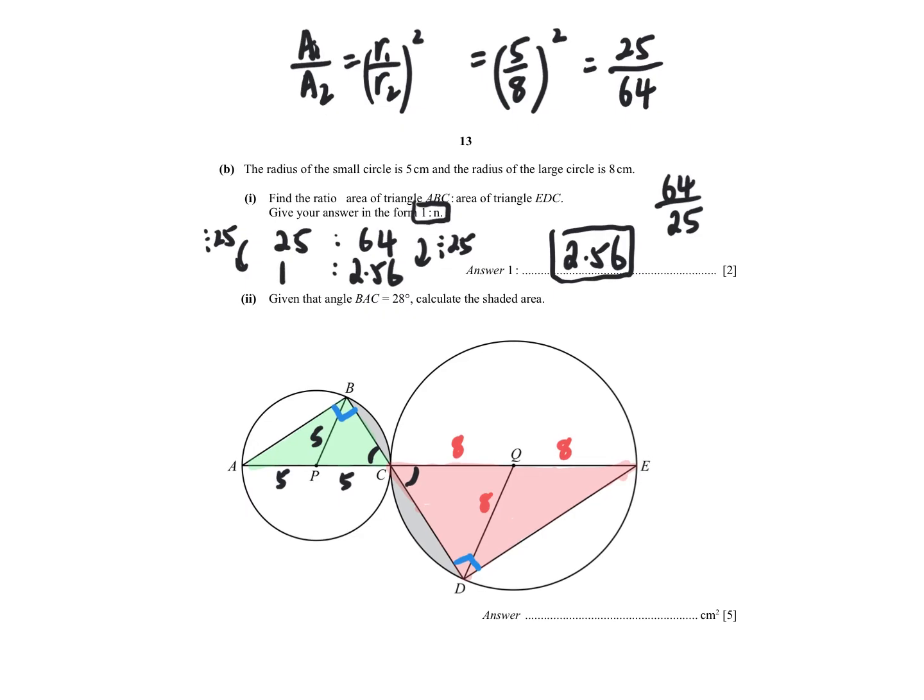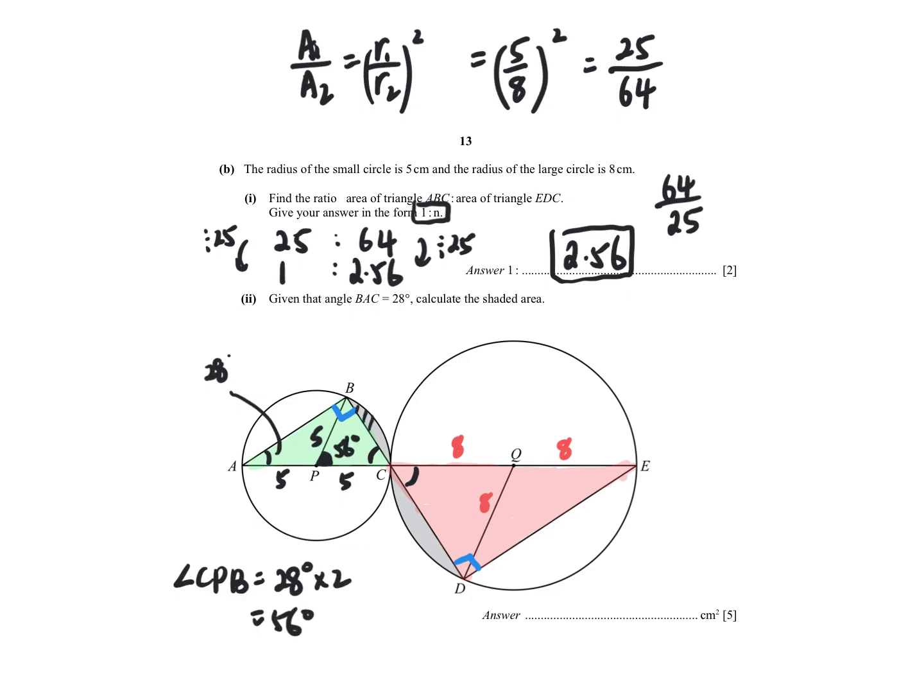Okay, so I want to find the shaded area. You want to find the angle here first. You don't have this angle, you cannot find the shaded area. So what I know is BAC, this one is 28. So this is angle at center, double angle at circumference. So actually CPB is 28 times 2, 56. So I know this angle is 56.